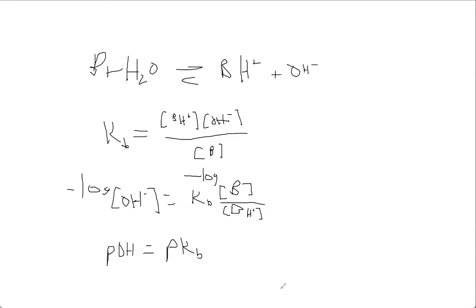Then to switch that sign from negative log of B over BH, we flip that ratio to be plus log of BH over B. Sorry, writing with a mouse is not easy for me. So pOH equals pKb plus the log of BH over B.